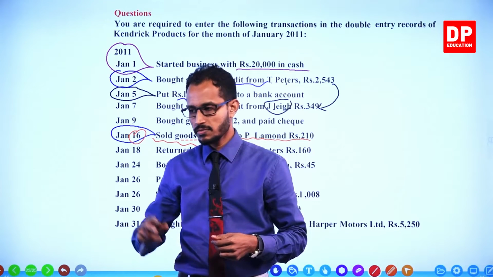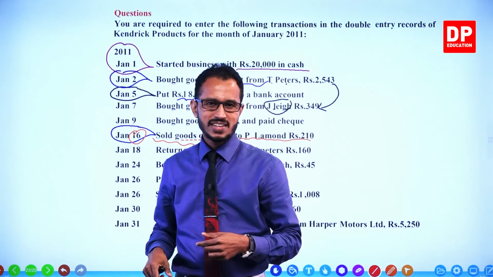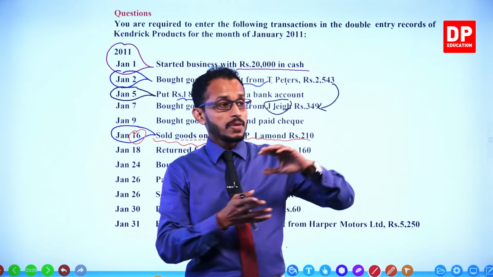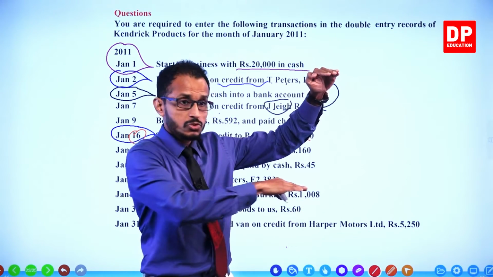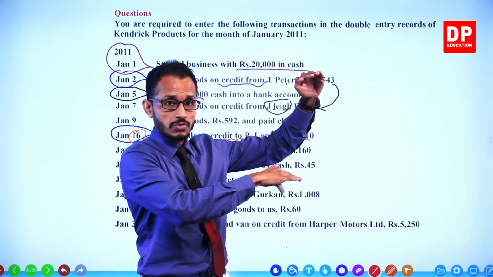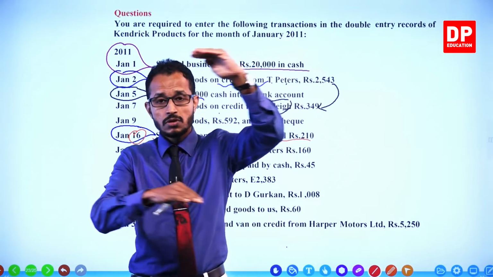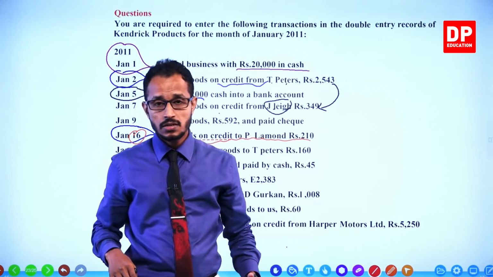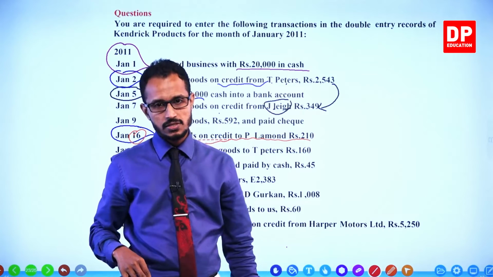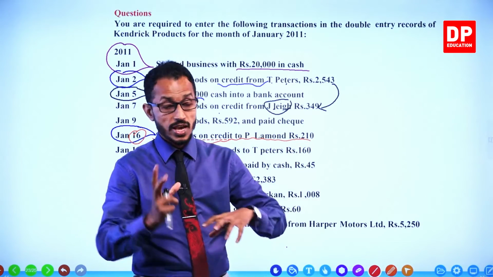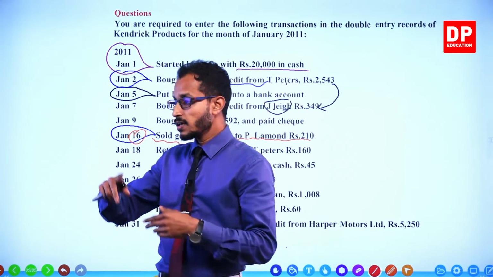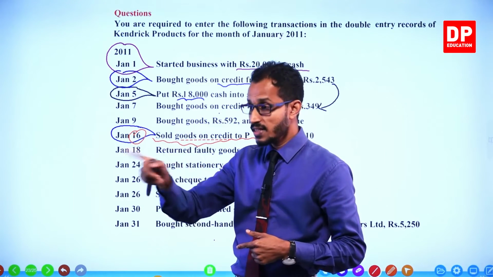Selling on credit to them, they become debtors. The people who supply goods to us, we buy goods from our suppliers on credit, they become creditors to us because we are owing them. But here, customers, they are owing us, so they are debtors.